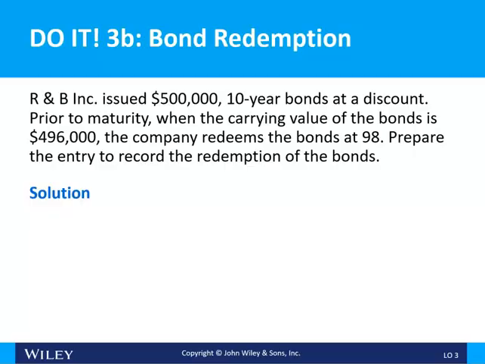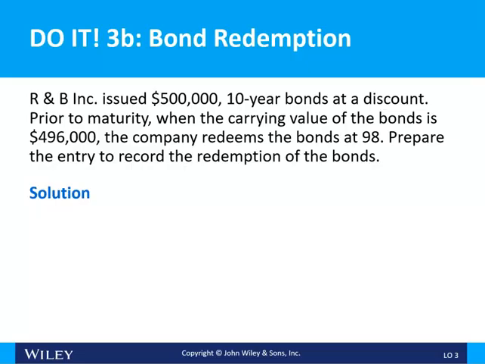So R&B Inc. issued $500,000 10-year bonds at a discount. Prior to maturity, when the carrying value of the bonds is $496,000, the company redeems the bonds at 98. Prepare the entry to record the redemption of the bonds. Looking at this information, $500,000 face value, so that's what's in our bonds payable account.